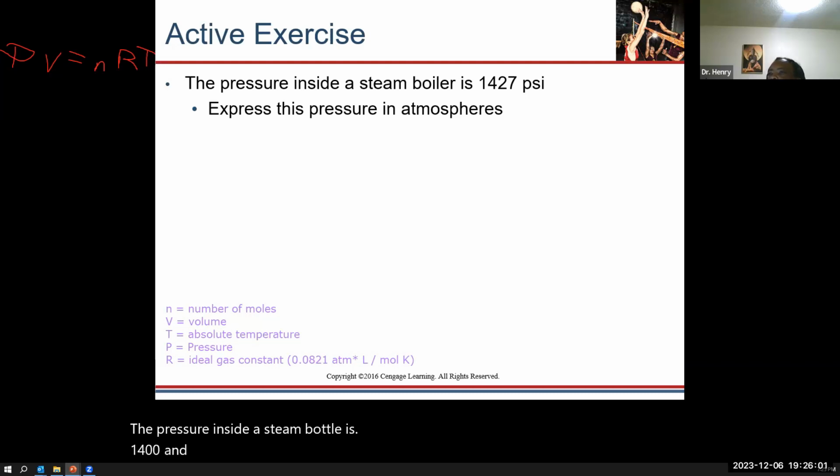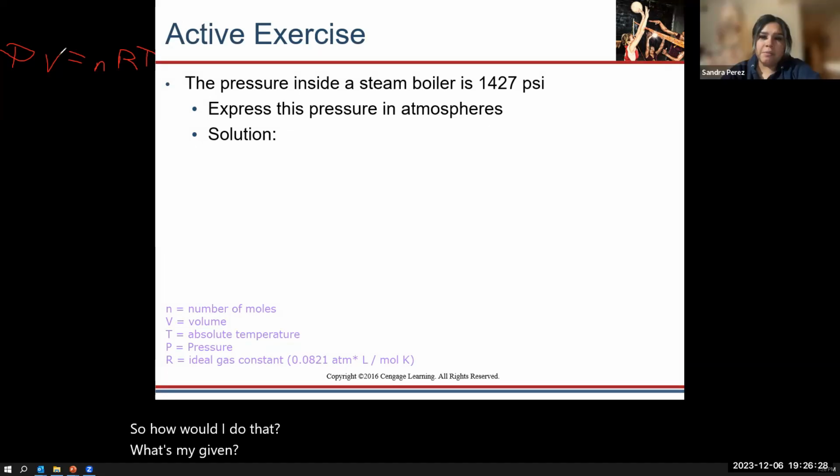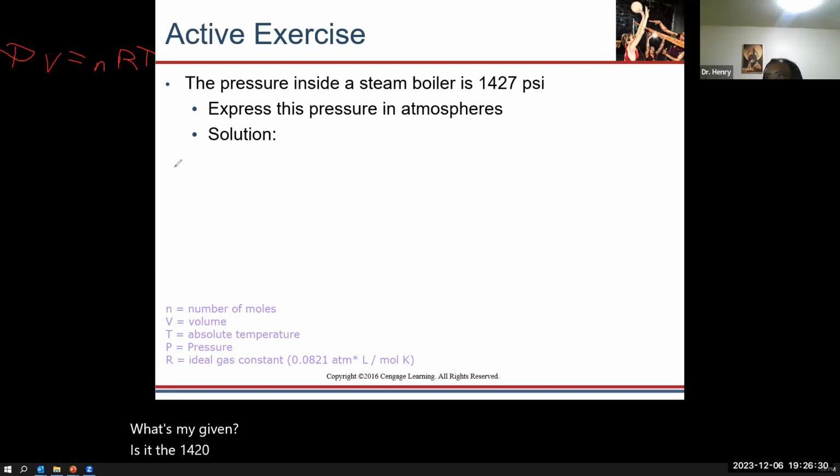The pressure inside a steam bottle is 1,427 psi. Express the pressure in atmospheres. So how would I do that? What's my given? Is it the 1427 psi? That's right.